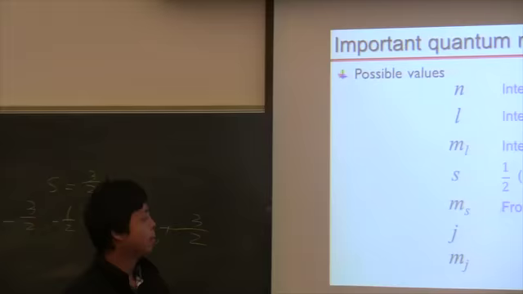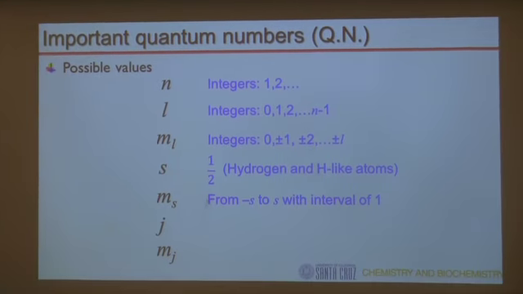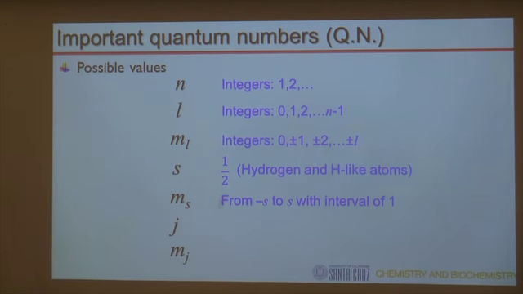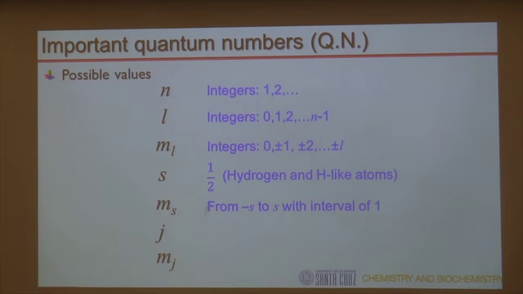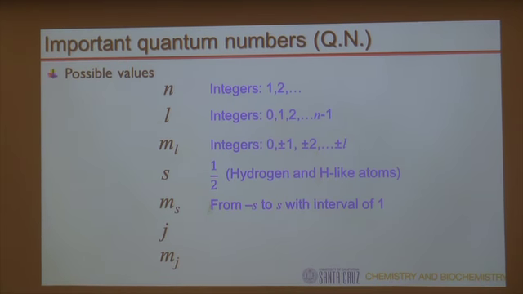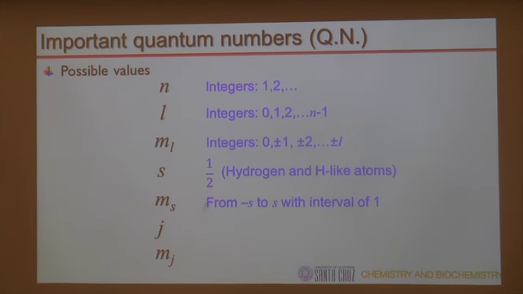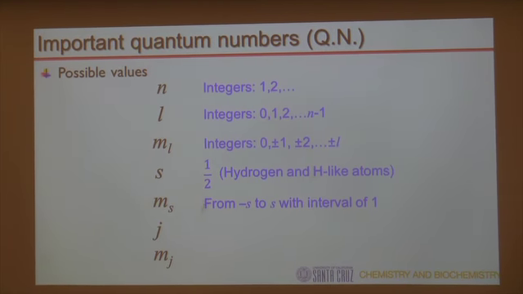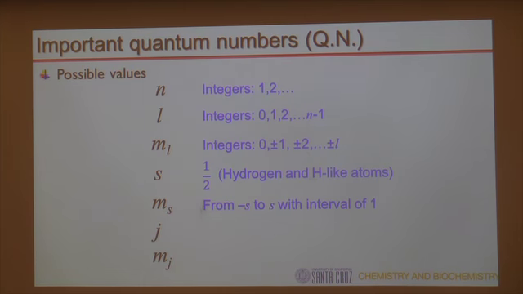Okay. Then how about J? Think about J: J is related to L and S. The total angular momentum is a vector addition of the orbital angular momentum and the spin angular momentum.